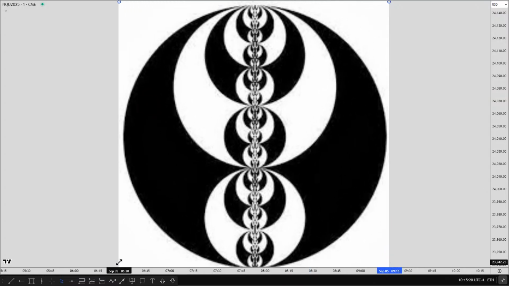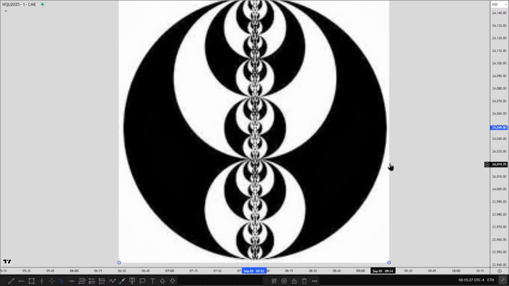Okay, I chose the most blurry image for some reason. But all this is power of 3 in fractal form. So the big circle, that's power of 3, and then every circle within it is power of 3, and every circle within that is power of 3. So the idea behind the logo is power of 3 occurring within power of 3 within power of 3.